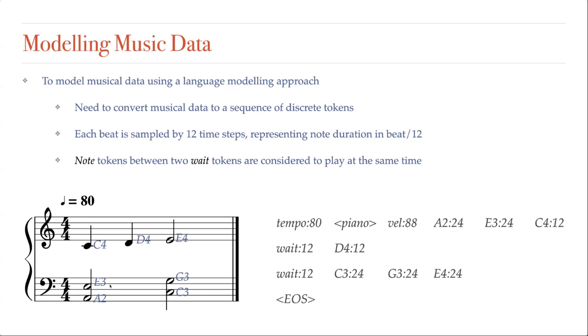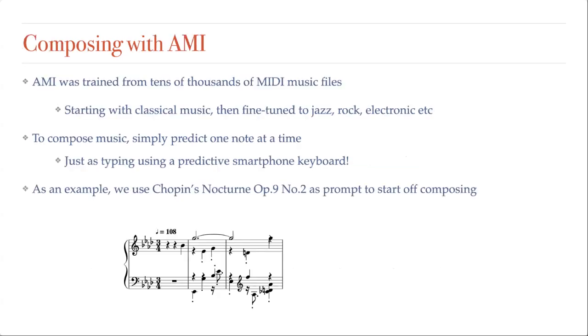Then you can sample not only the note name but also the duration of the note, the dynamics, and the timing in fractions of a beat. In this case, we sample each note 12 times per beat. And the rests or pauses between different notes are also represented in this representation.